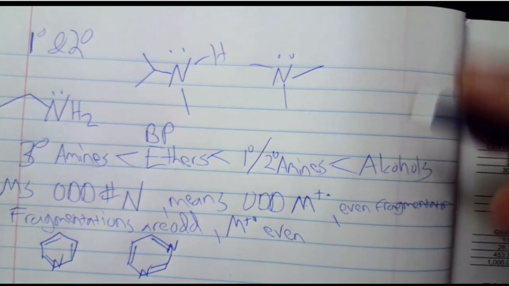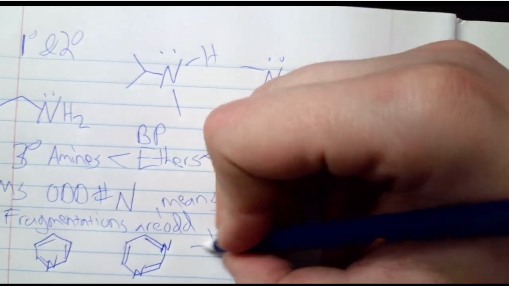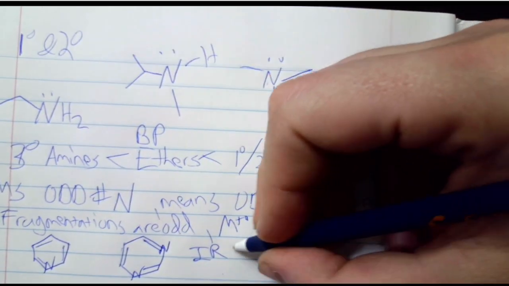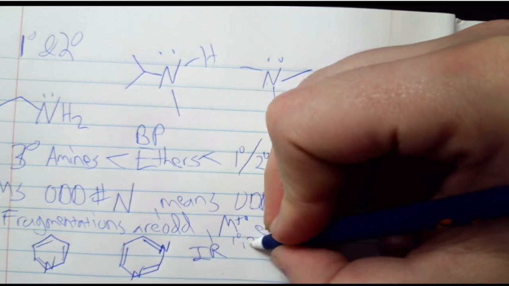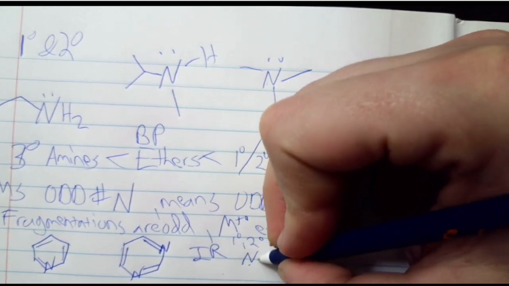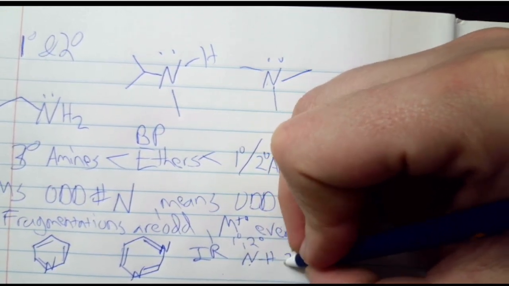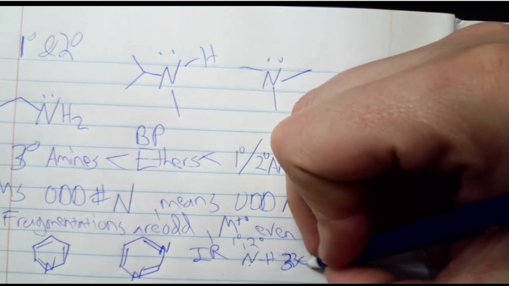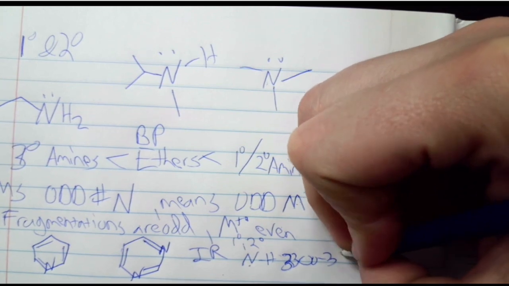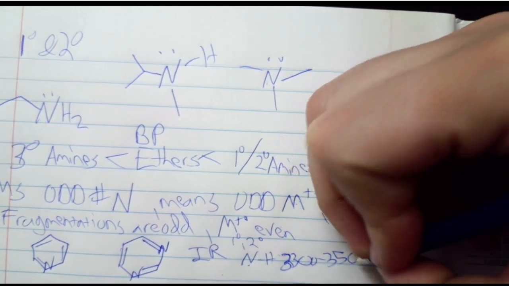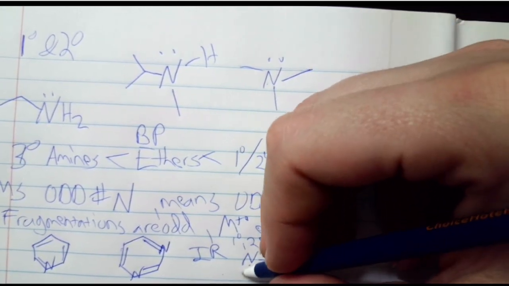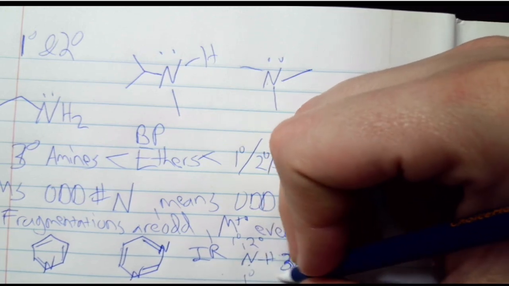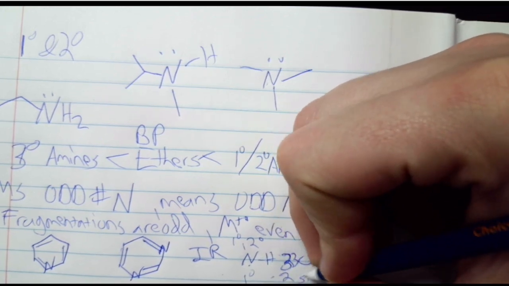So, all we can figure out is the odd number of nitrogens. Now, in the IR, if it's primary or secondary, you're going to get an NH stretch, 3,300 to 3,500. If it's primary, you might even get 2 stretches.